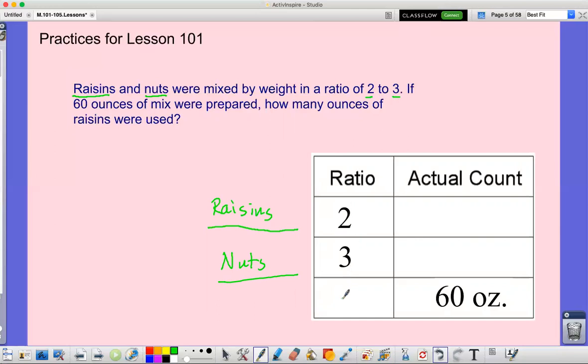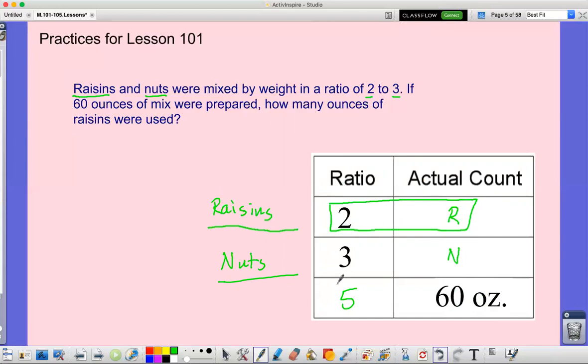What do these add up to? You can see it's 5. So now I've got an unknown number of raisins and an unknown number of nuts. So that the actual count, but they all add up to 60 ounces. So how many ounces of raisins were used? So we want to use this for finding out raisins.